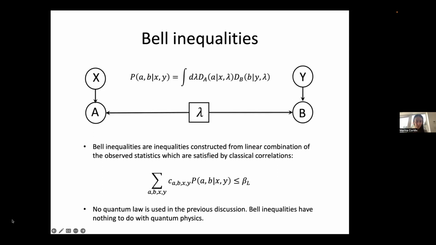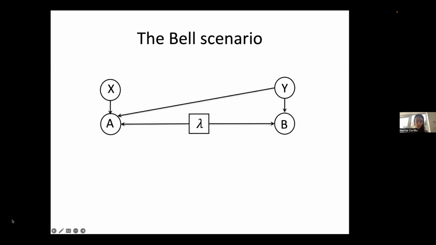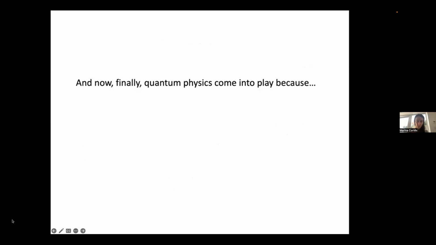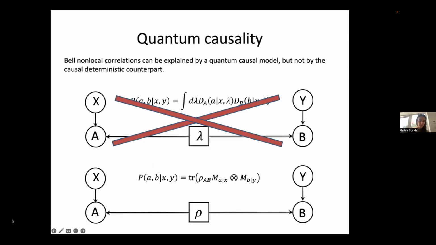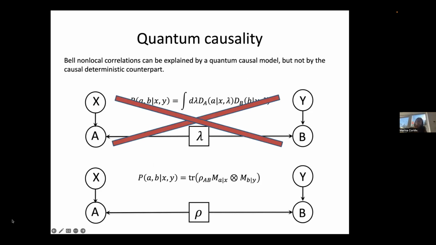This is why the language that I'm using with these boxes or these networks is device independent. I only believe these causal constraints. I know how to model these causal constraints in deterministic causal models. I also know how to model them in a quantum model.